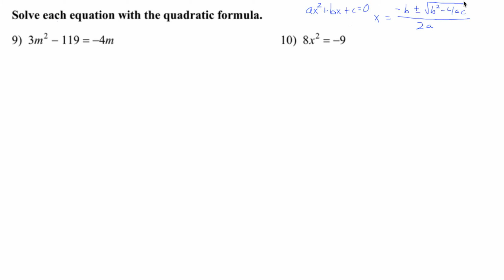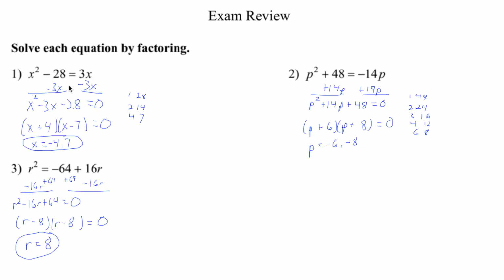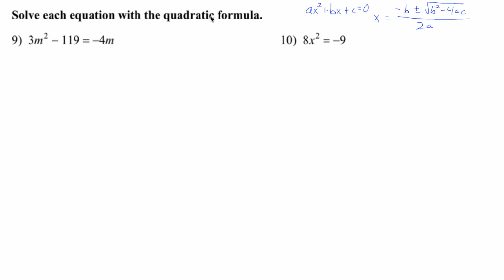Now notice we want to use this formula, but we have to have our equation in this form. It's kind of like with 1 through 3, where we wanted a 0 on one side, so that's what we're going to do here. When solving with the quadratic formula, you want to have 0 on one side. So in this case, we're going to add 4m. Make sure you put it in descending order.